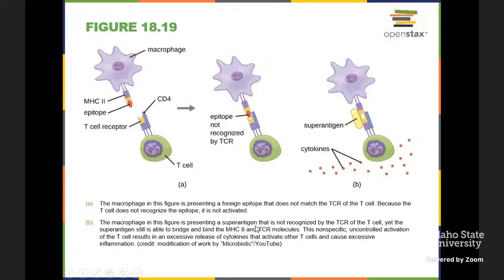So the super antigen doesn't get recognized by these receptors, but it bridges the gap and allows them to connect, even though, as you look here, there isn't even an epitope in there. All right. So these cells get stimulated without a stimulus. The super antigen forces this, and it causes these T cells, it's non-specific, uncontrolled activation, and they start spewing out cytokines. We call this a cytokine storm. All right. Bad news when we think about the immune response.